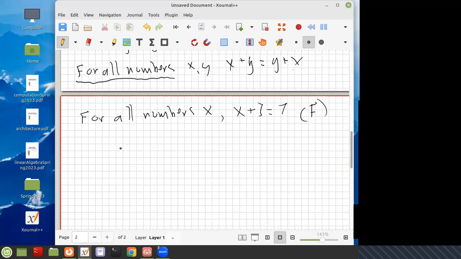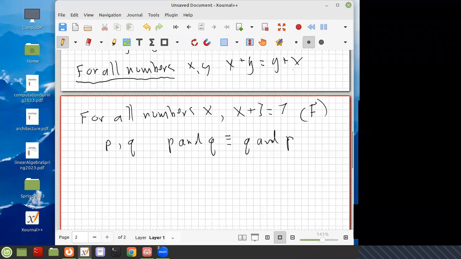Let's say if I have two propositions, P and Q, then P and Q is logically equivalent to Q and P. For example, if P stood for it's snowing and Q stood for it's raining, then this one says it's snowing and it's raining.